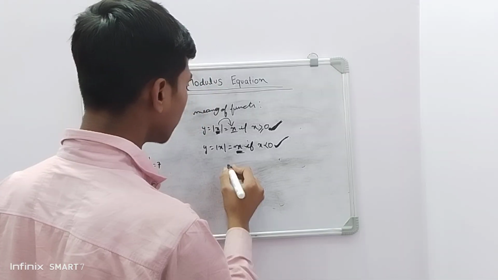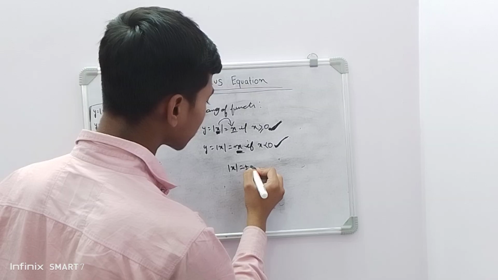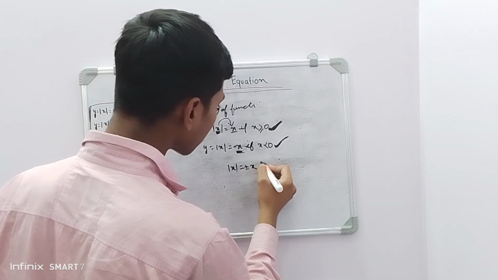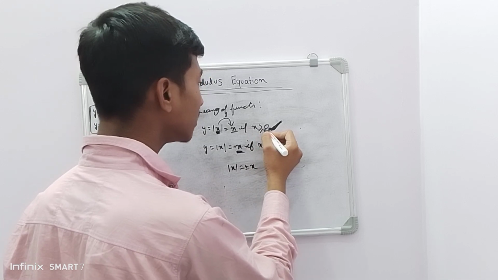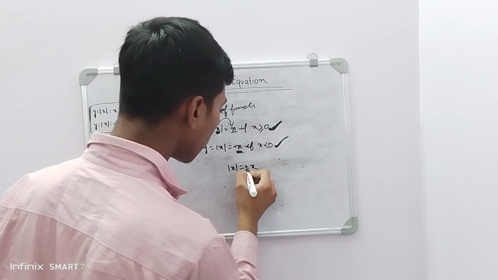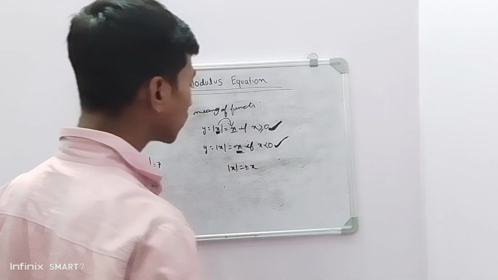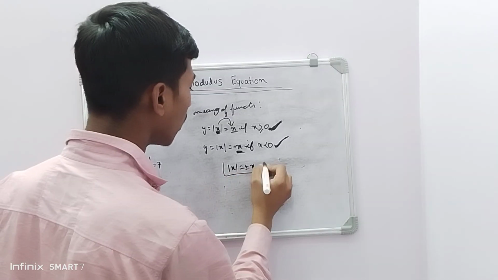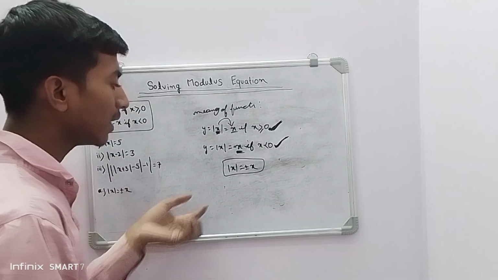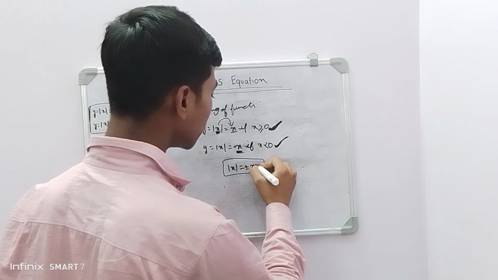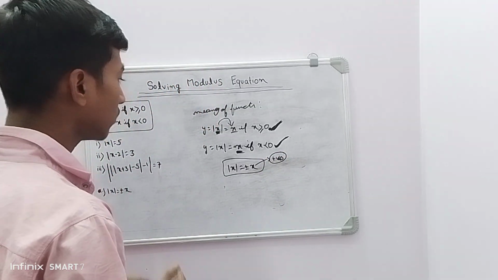If I write mod x, then it will open as plus or minus x, because it could be plus x if x is greater than or equal to 0, and it could open as minus x if x is less than 0, so it could be opened in both ways. So mod x could be written as plus minus x, and after solving, the result will be positive, as you can see from the example I solved now.